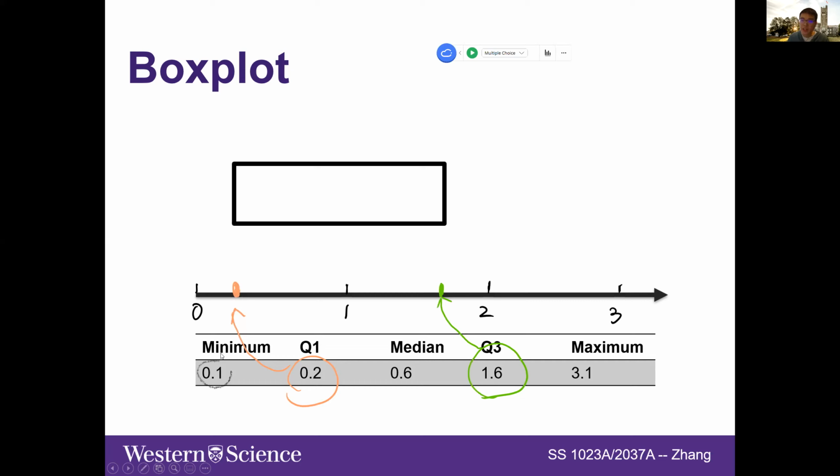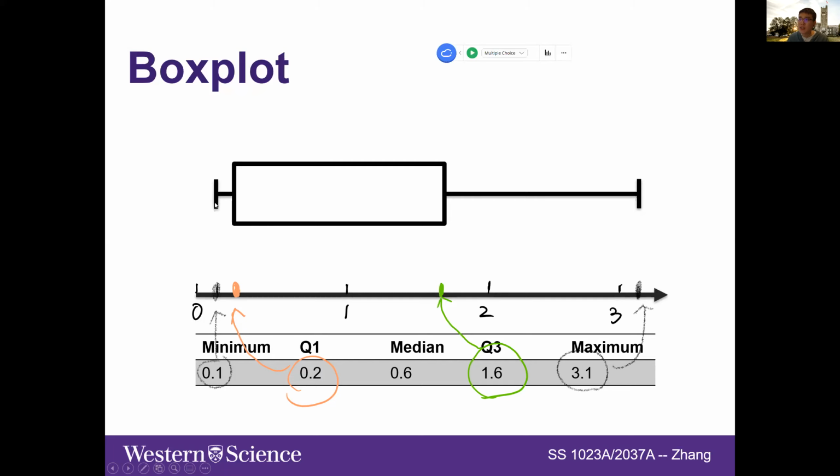And then we look at our minimum. Our minimum is 0.1, so we record somewhere like this. The maximum is 3.1, so we would expect it to be somewhere over here. The minimum and maximum help us determine the length of the bar.